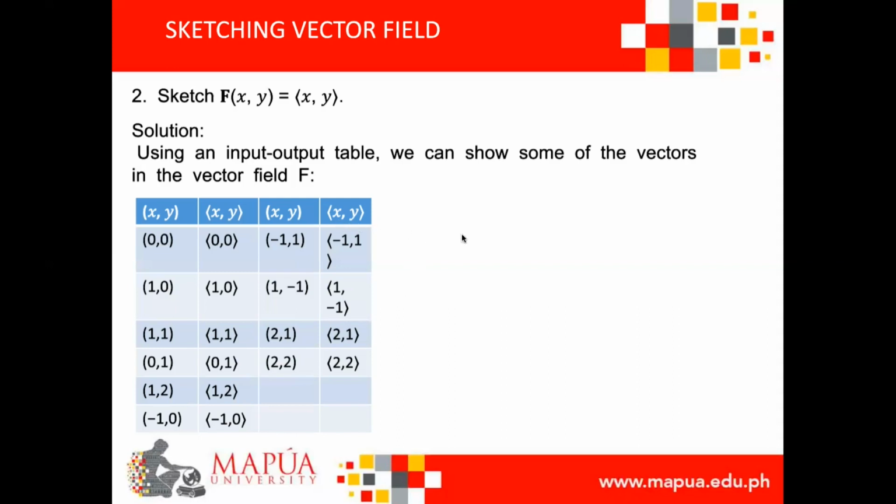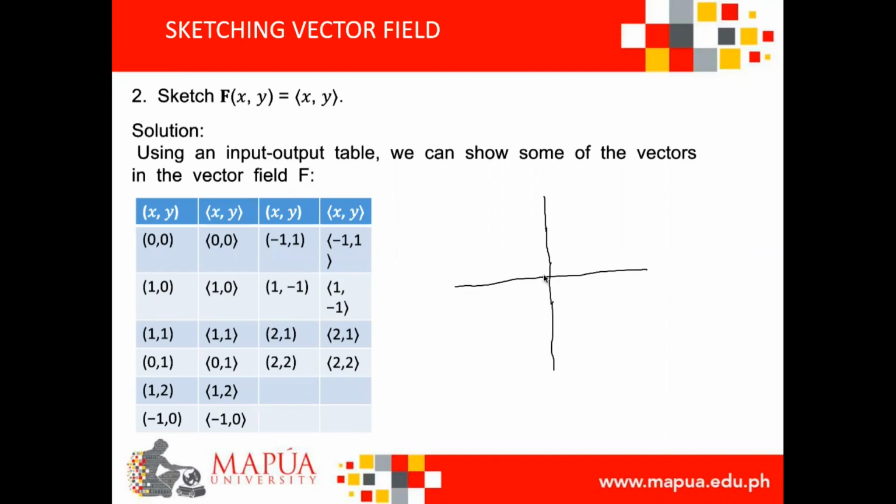So if we're going to sketch now, this is how it will look like. Draw your x and y axis. Then let us now plot the points as well as the vector components.